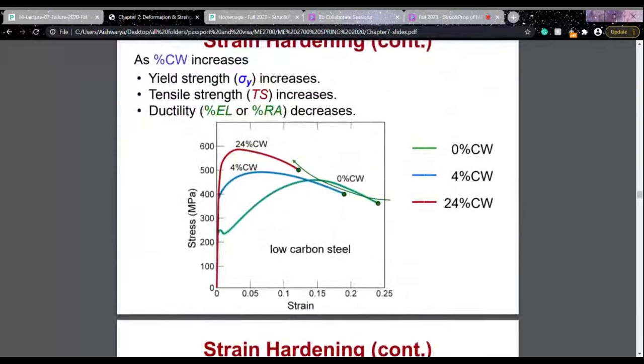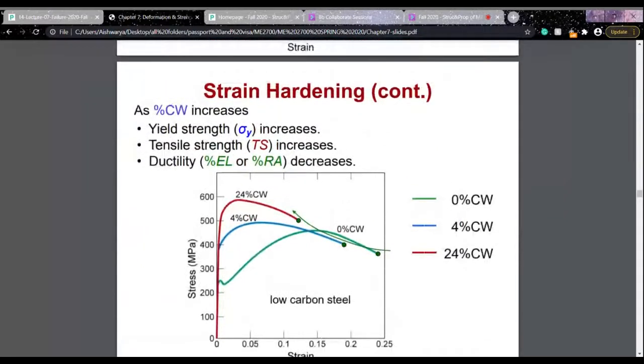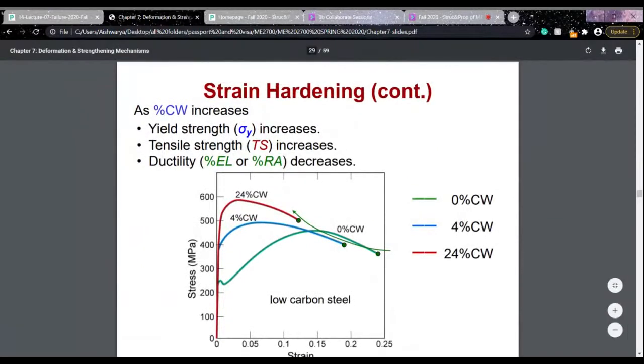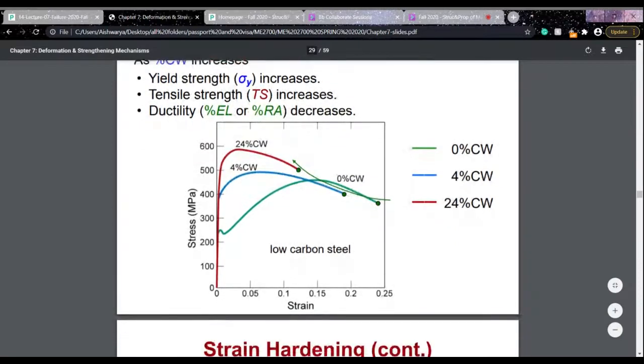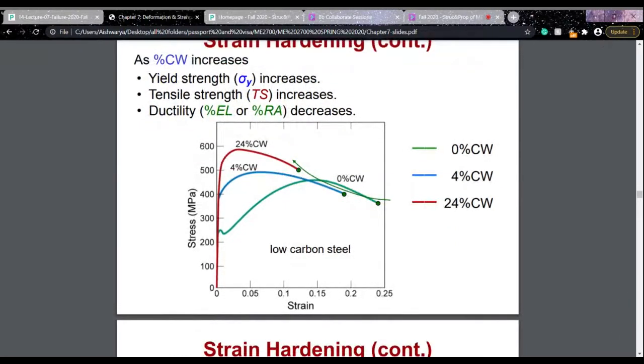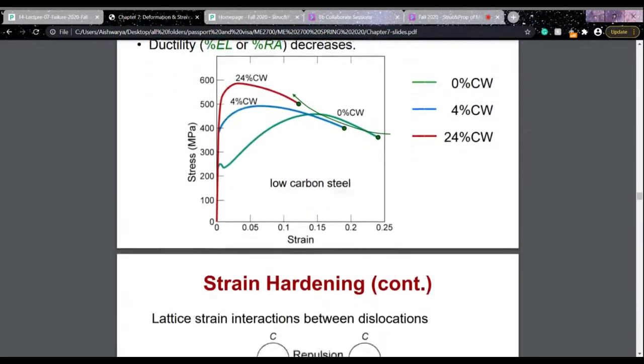As you strain harden the material, we can see that the yield strength and the tensile strength of the material increase, whereas the ductility, or the percentage elongation of the material, decreases. As it becomes harder, it is difficult to deform or elongate, so the ductility decreases.